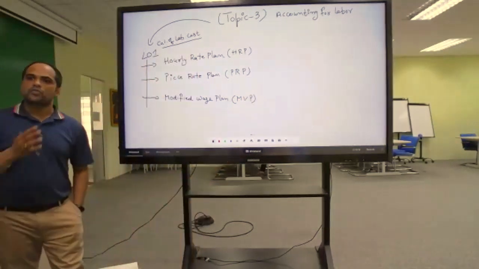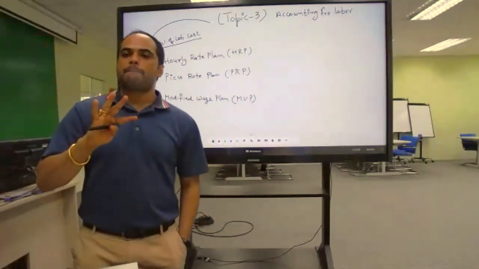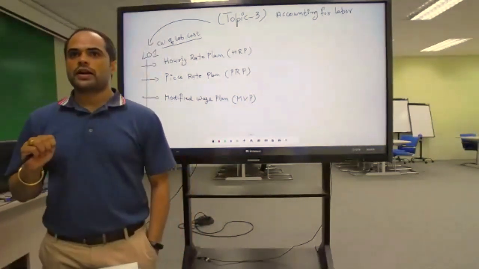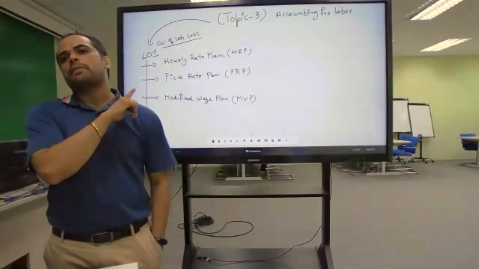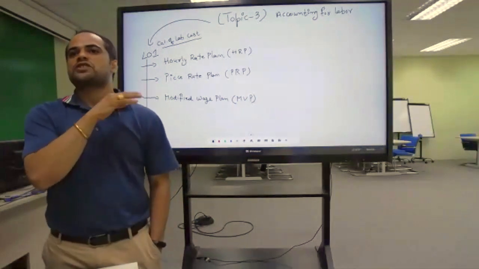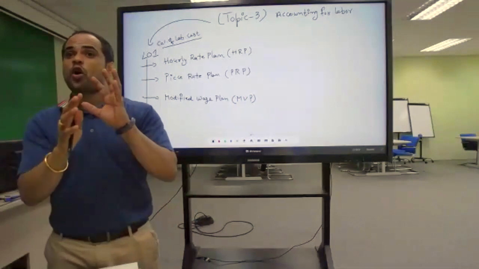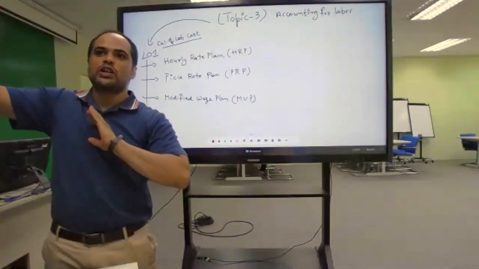So we have three different methods to calculate the labor cost. All right. Some companies apply hourly rate plan, some companies apply piece rate plan, and some companies apply modified wage plan. Modified wage plan is a combination of hourly rate and piece rate. It's a combination of both.